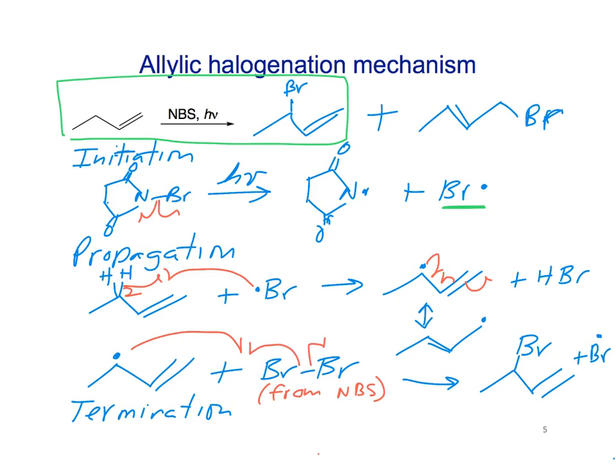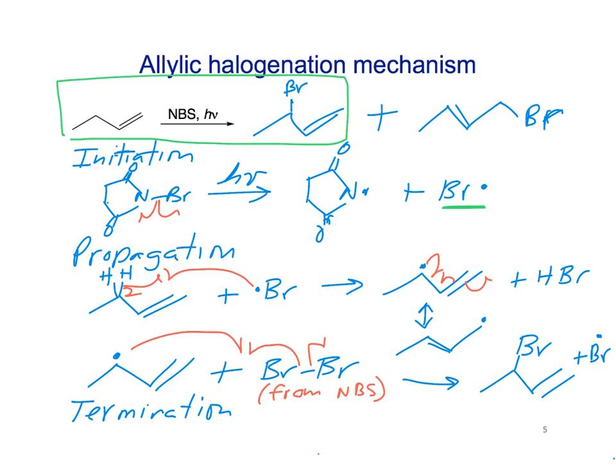Because we have that NBS, this radical up here, we've got bromine, we could have even more, so there could be a bunch of different termination steps. You don't have to spend too much time writing out 6 termination steps. I'm just going to ask you for a couple of those.